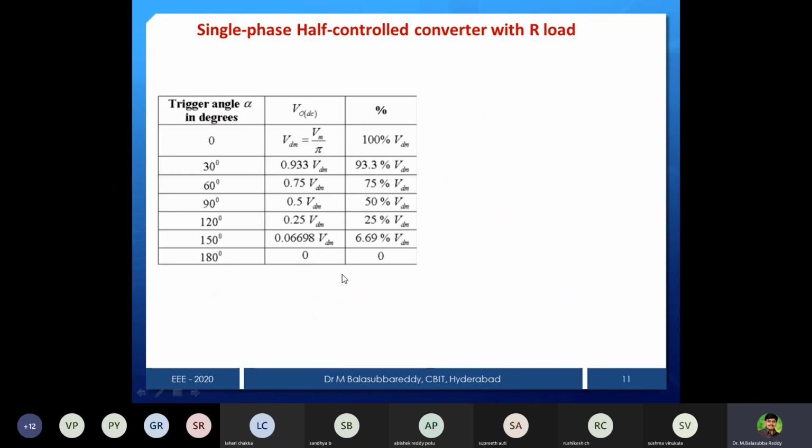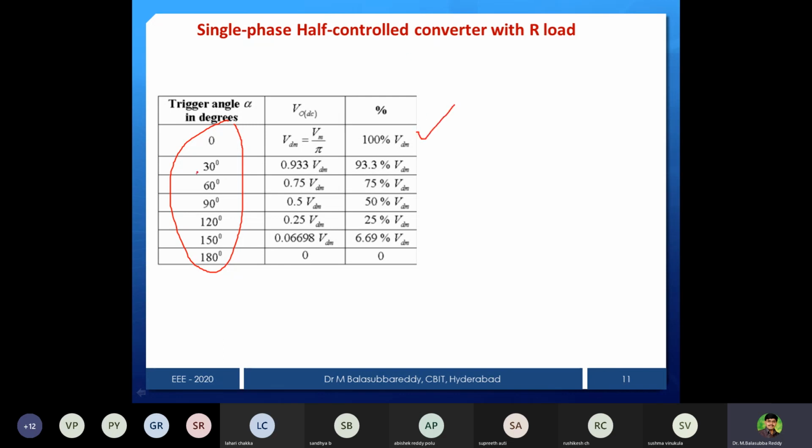And next we can see the variations. Here the variations are alpha versus output voltage. As I said earlier, the firing angle range is 0 to 180 degrees. If you put alpha is 0, you get the maximum output voltage.